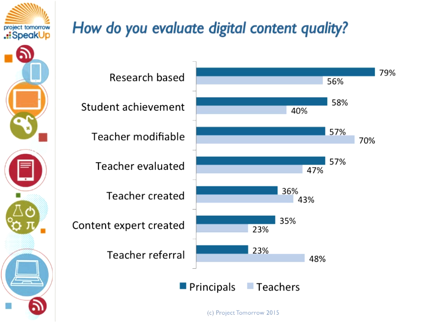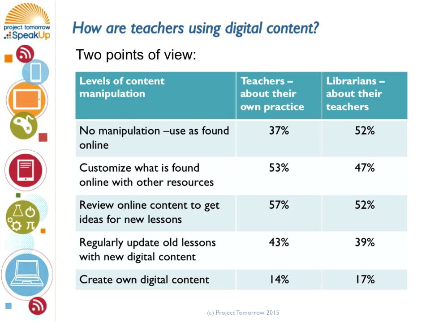So for the teachers, they placed high value on the ability to modify the content, that it was created by a teacher, and that also it was referred to them by a teacher. And so really interesting in terms of the different perspectives. Again, like that image that we looked at, the different lenses of looking at digital learning, that right within the same school, principals and teachers may actually be on different pages when they think about evaluating digital content quality.